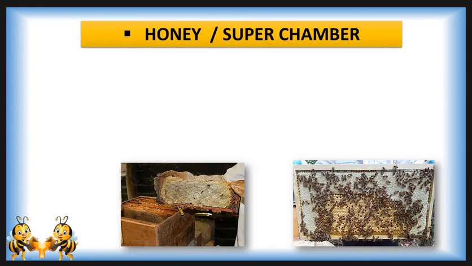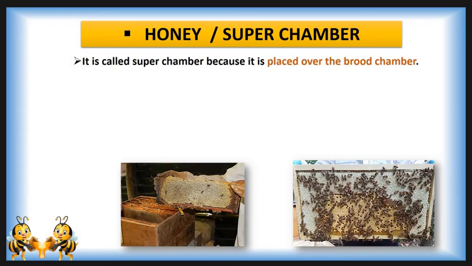Then the honey or super chamber. The super chamber is an open wooden box containing honeycomb frames. It is called the super chamber because it is placed over the brood chamber. It is simply called the super.